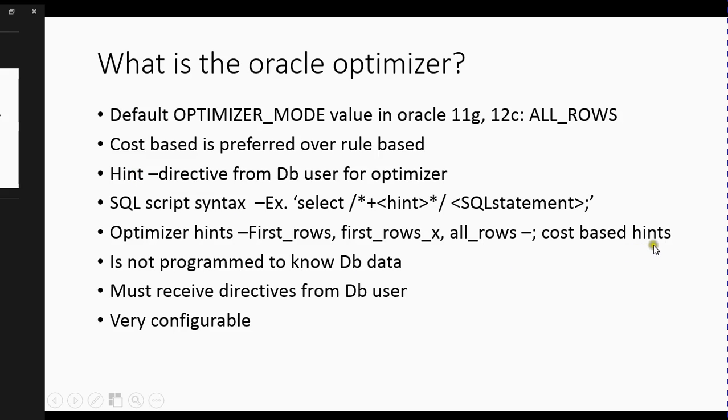These are referred to as cost-based hints. There are multiple hints out there, and you can spend some time researching which ones you can use to enhance different aspects of the Oracle database.